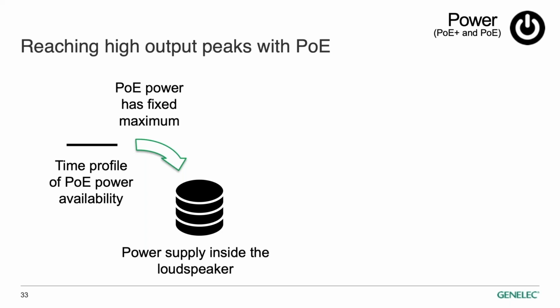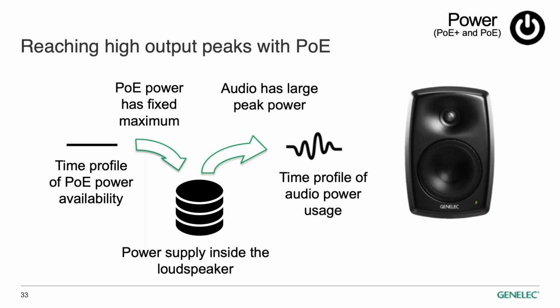So we have designed a power supply that has energy storage inside the loudspeaker, and the network feed of power over Ethernet is used to charge or store the energy inside the power supply, which then can be used to power the amplifiers and provide more peak power when the loudspeaker needs to be capable of providing higher peaks in a dynamic audio signal.